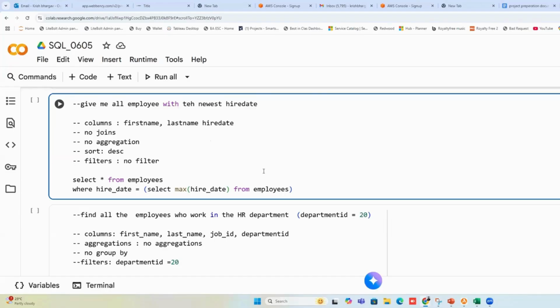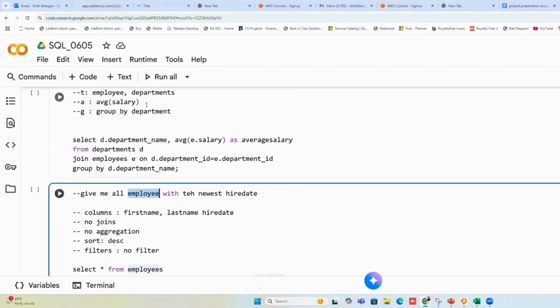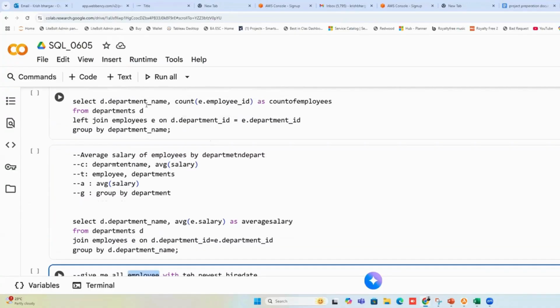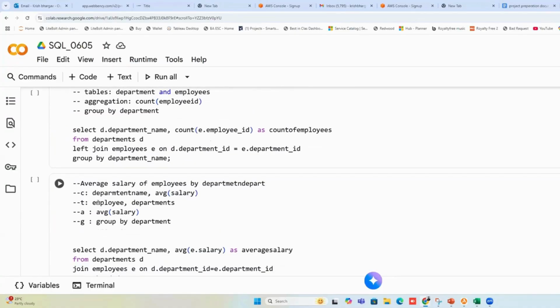Sir, the employee in the question and the employee table were different, no, sir? What, darling? What was the question? I said the employee in the question and the employee table. I didn't understand.